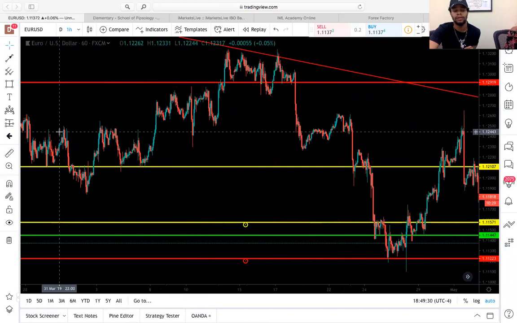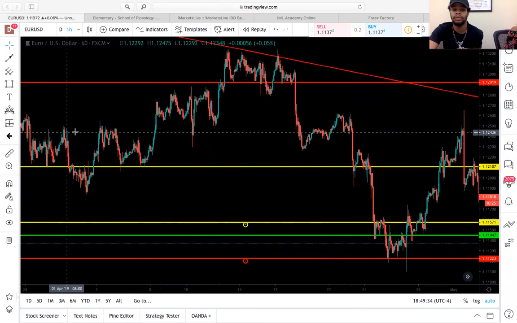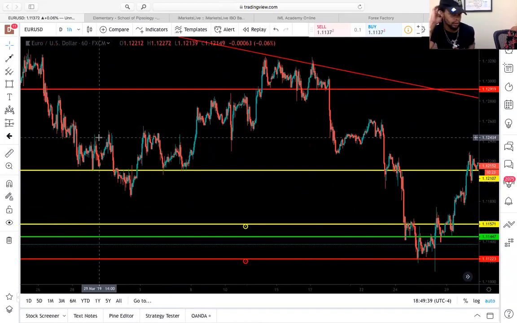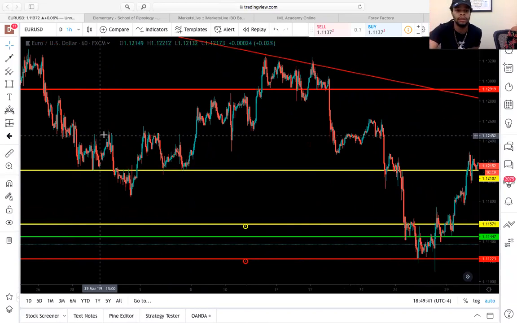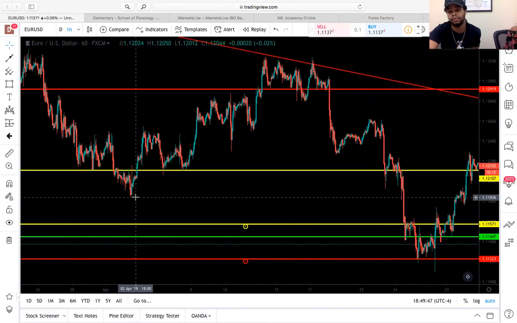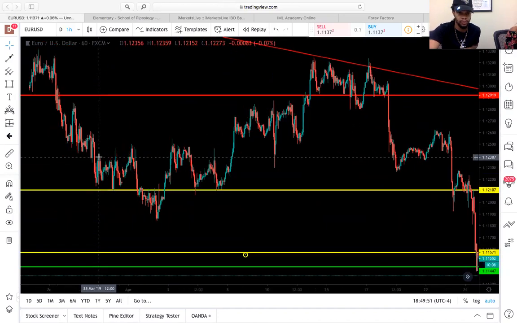I was going to say, look at this. What she was just about to say, double tops. Look at this double top, right? It's honestly so easy. The reason why I say this is a double top, it touched up here, and then dropped.